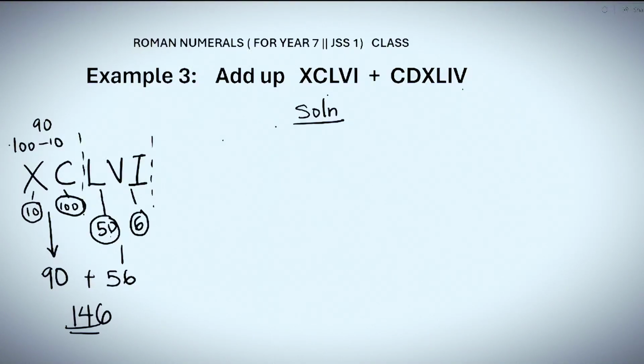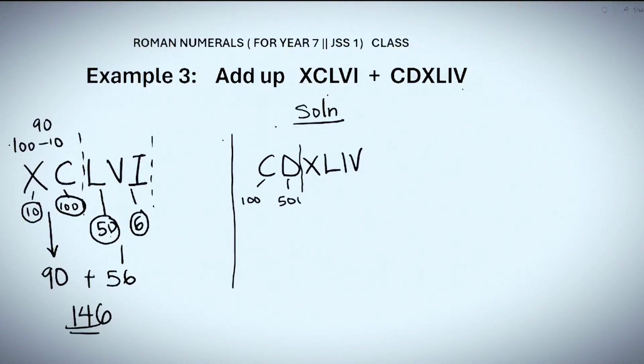So for the other one, what do we have? For the other one, we have CD XL IV, right? So let's break it down. Let's break it into 2. This is CD. So C here is 100, D here is 500. So what do we do? We subtract. 500 minus 100 gives us what? 400. So let's break this into 2 as well. We have XL.